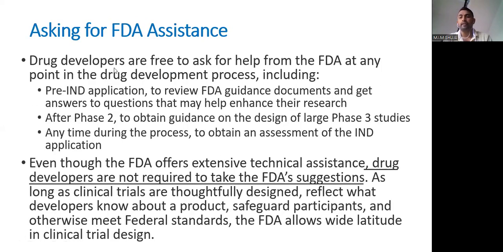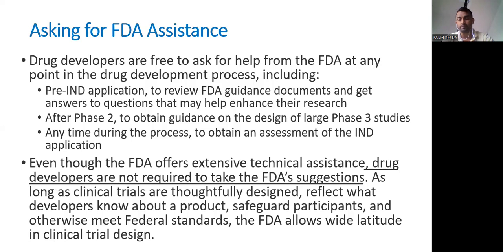If you need any assistance, the FDA will assist you before the IND process or during the preclinical or clinical phases. If you want to change the design from phase 2 to phase 3 or whatever, at any time of your research, the FDA will help you.